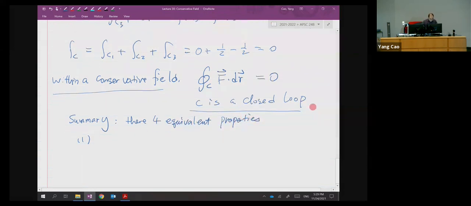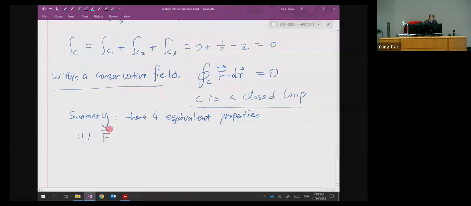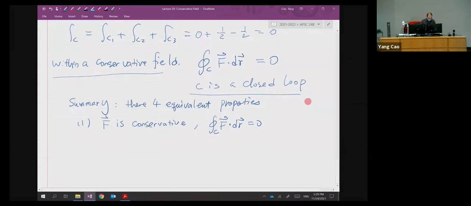Number 1 property: you can claim that F is conservative. If F is conservative, then if you integrate the vector line integral over a closed curve C, you will have a result of 0. So that's number 1, right?